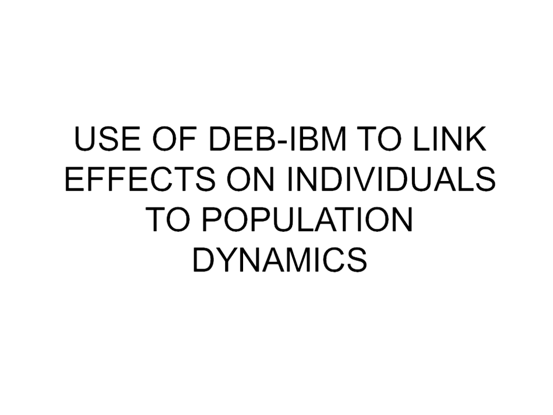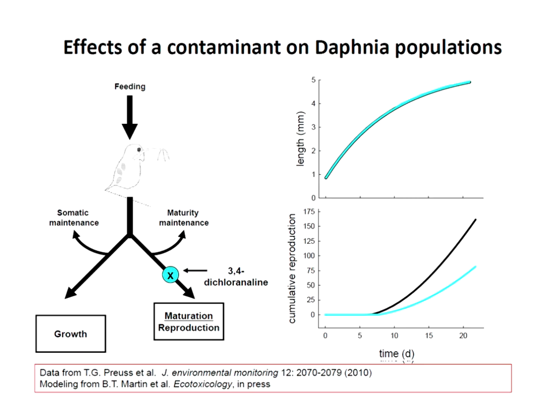Ben Martin used this model in a study of a relatively simple example of a contaminant effect, where again there was data on individuals and on populations in a chemostat.